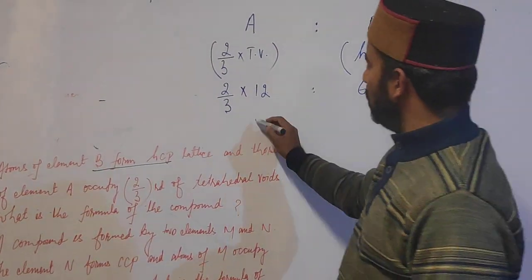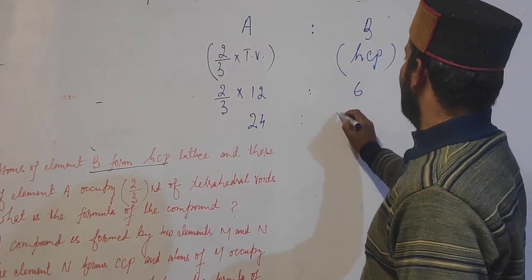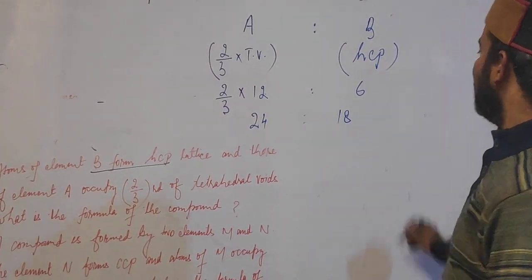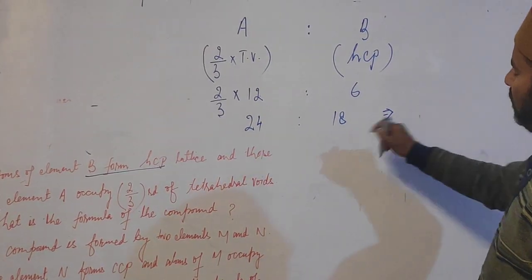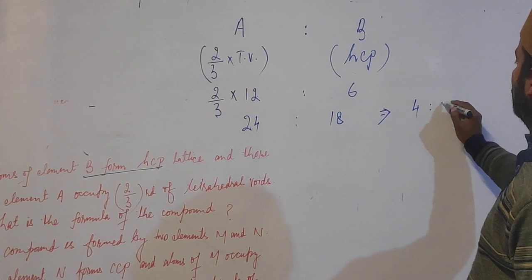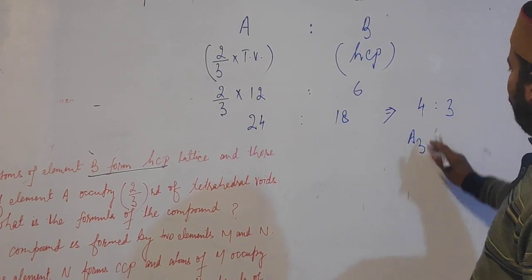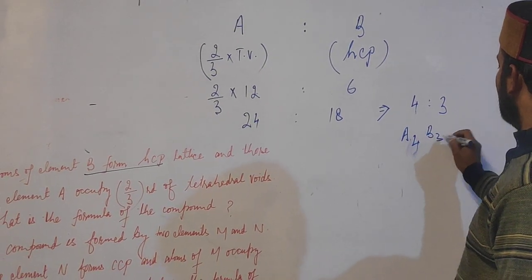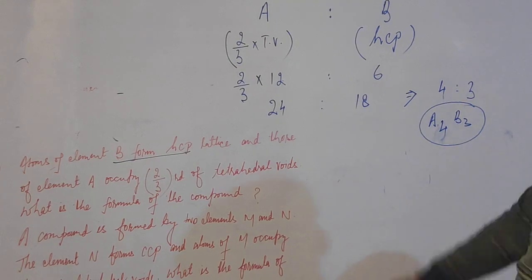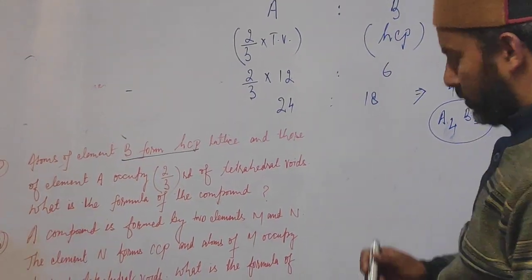So solving this, we get 24 is to what? 18, which can be simplified as what? 4 is to 3. So the formula becomes A4B3. So this is the answer of question number 2 from NCERT book.